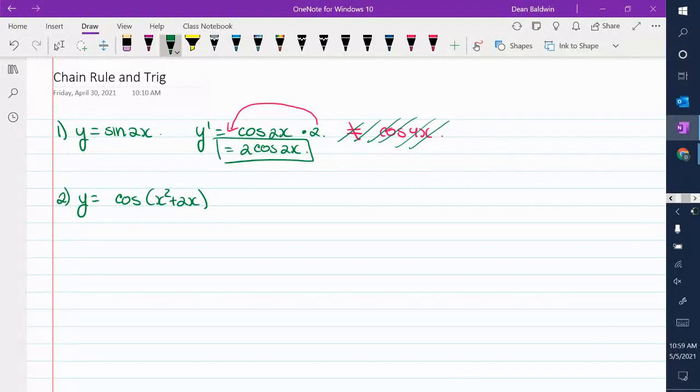Okay, so your outside function is cosine. So you start with the outside. The derivative of cosine is negative sine of all that stuff times the inside derivative. What's the derivative of x squared plus 2x? 2x plus 2.